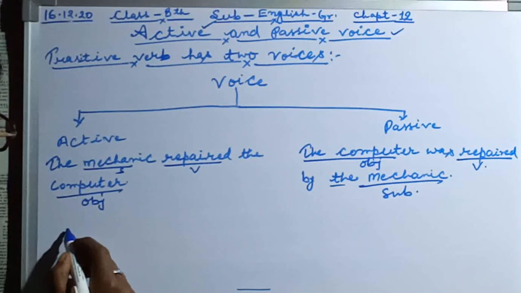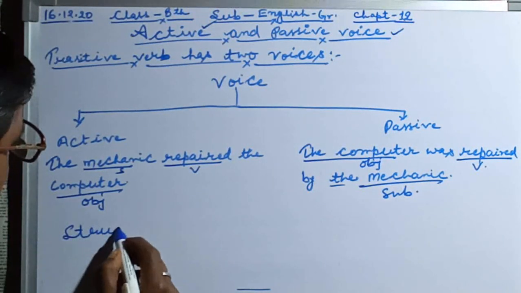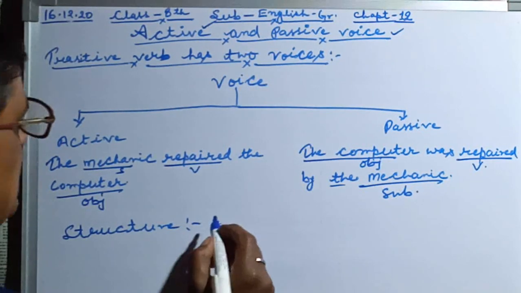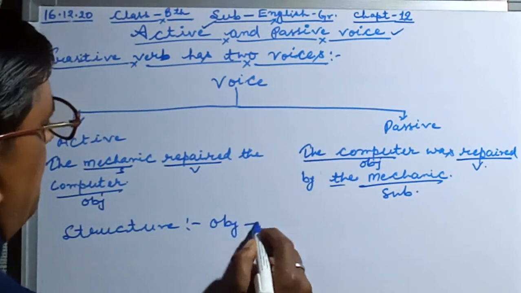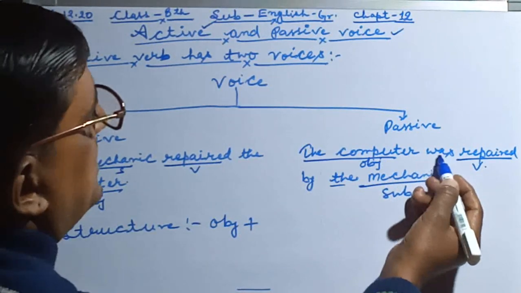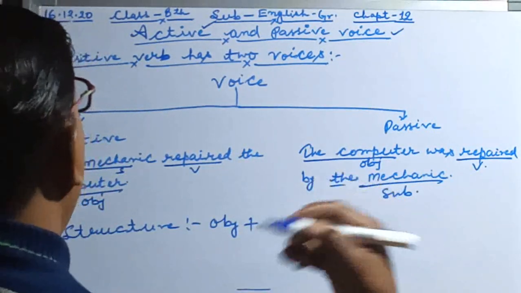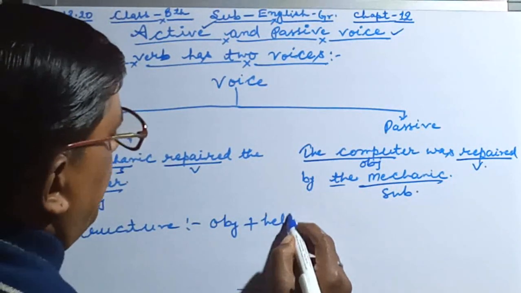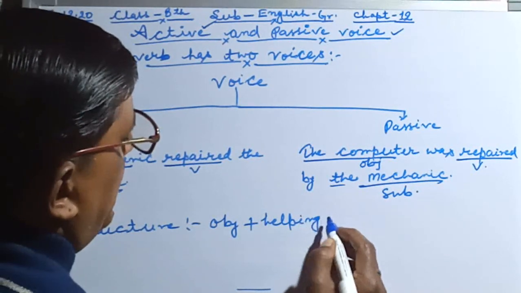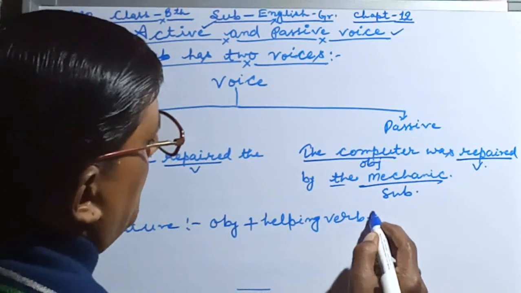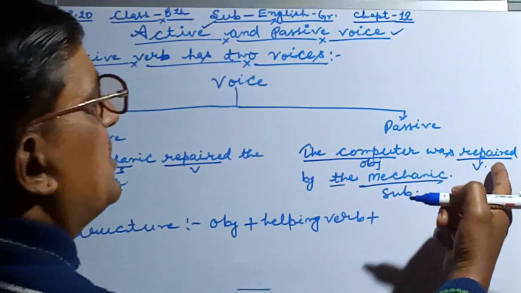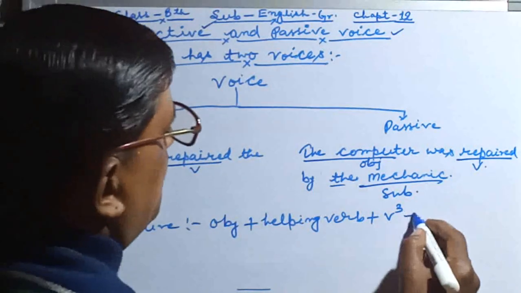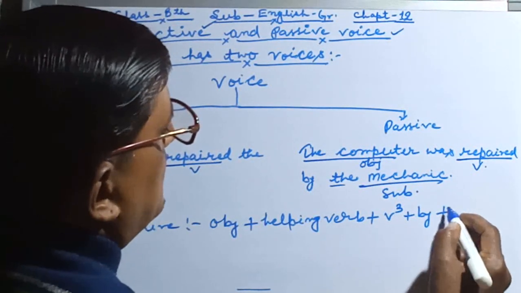So the structure is coming out. What is the structure? This is most important for you. The structure is: object plus helping verb, was, plus main verb, third form of the main verb, plus by plus subject.